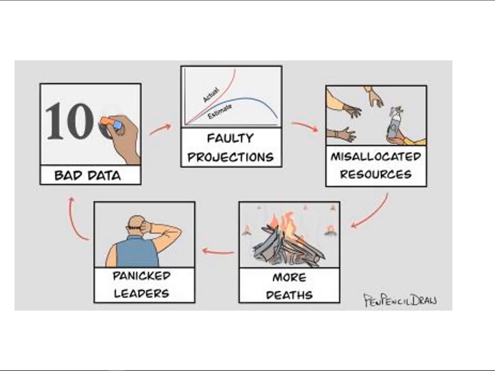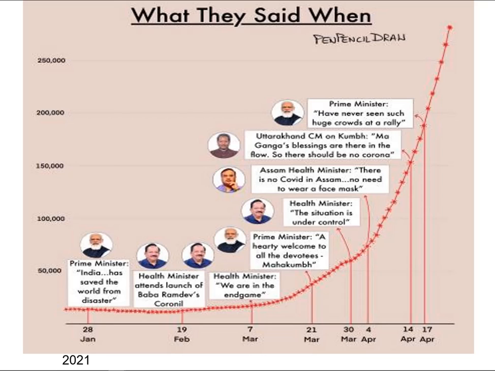They all get panicky. Again, they will intentionally hide the data. So this is very cyclic. These cartoons were made by an anonymous artist, because they didn't want to put a name. What they said and when they said it, so there's a time scale.